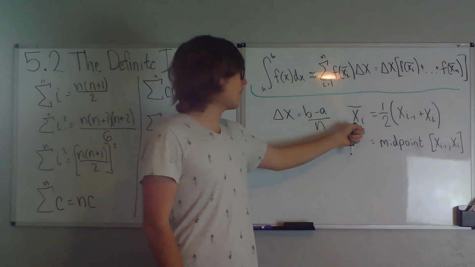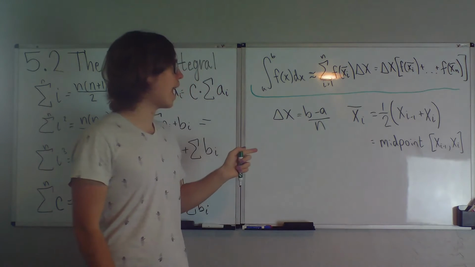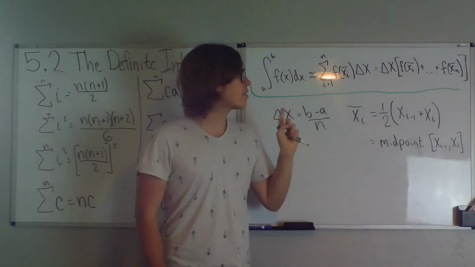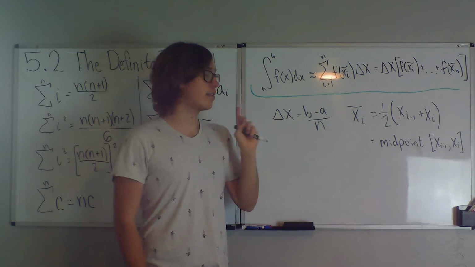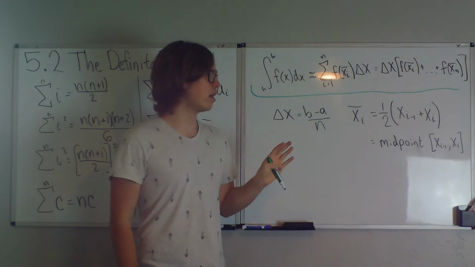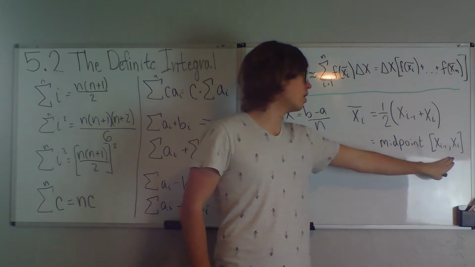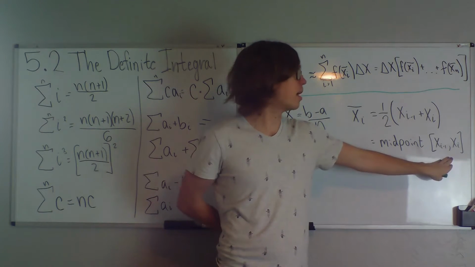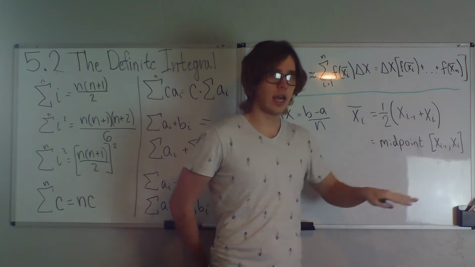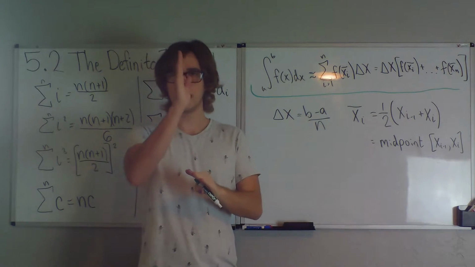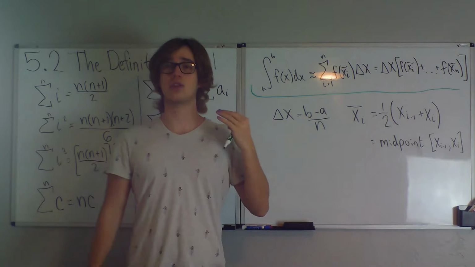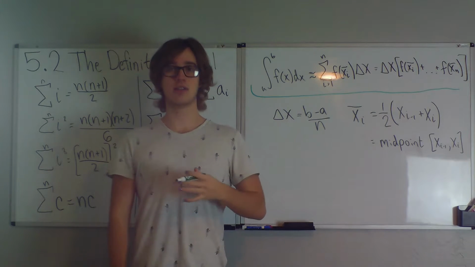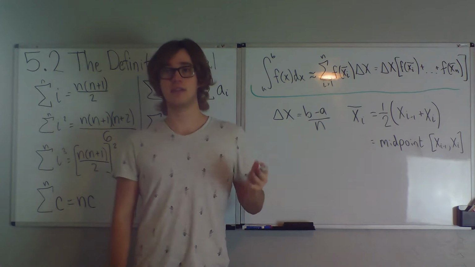But now our x i bar is equal to 1/2 of x i minus 1 plus x i. And what is that? Well, that is the midpoint in between the interval x i minus 1, comma x i. And so that is the exact center point in that interval, and what that will actually do is give us a better approximation when we do our Riemann sums.